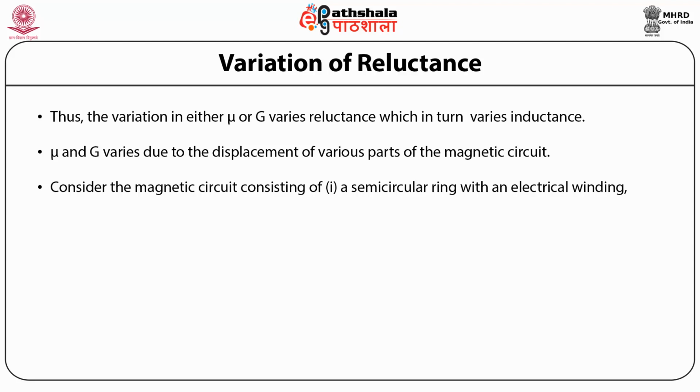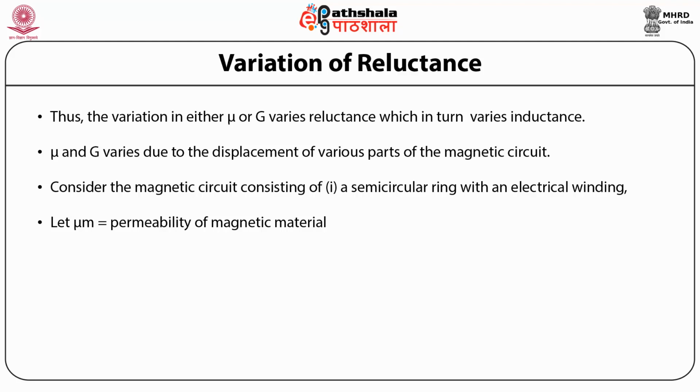Consider the magnetic circuit, which is composed of first, a semicircular ring with an electrical winding working as an electromagnet, second, an air gap, and third, a plate of magnetic material, as shown in figure A. The magnetic circuit is shown by the dashed line.